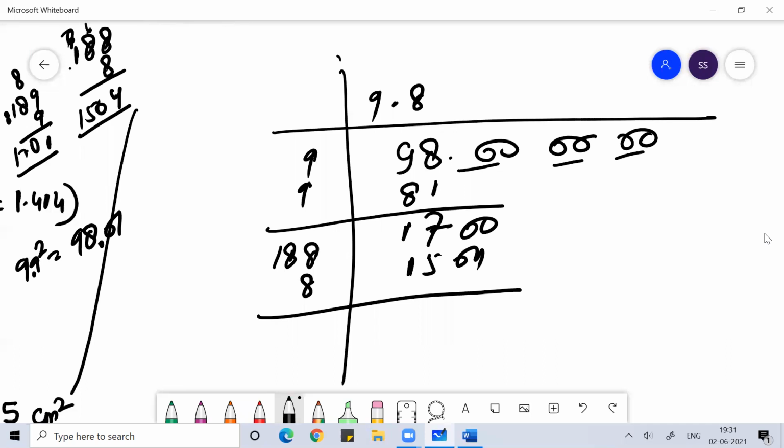We want the square root of 98, so that is why it will go by 8.